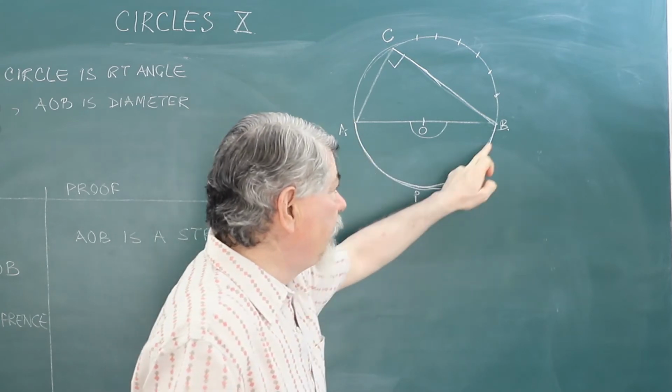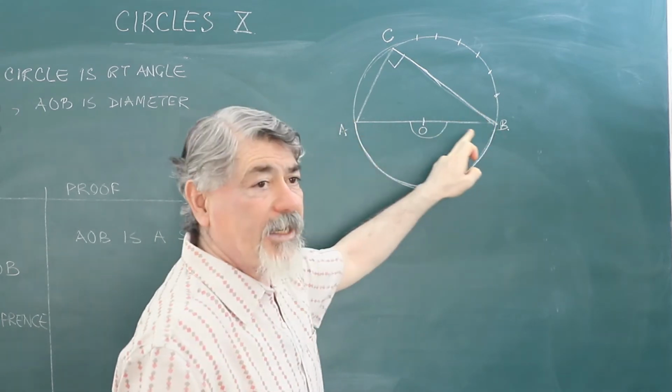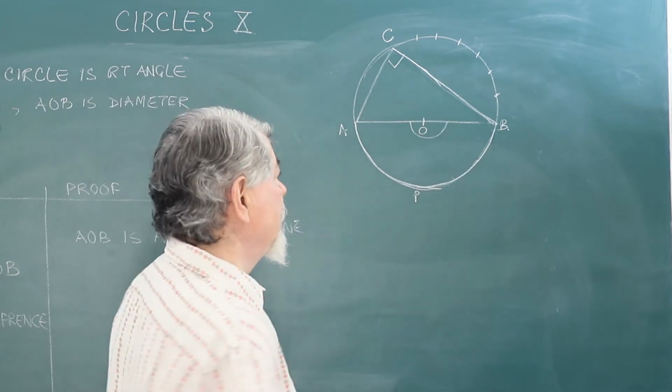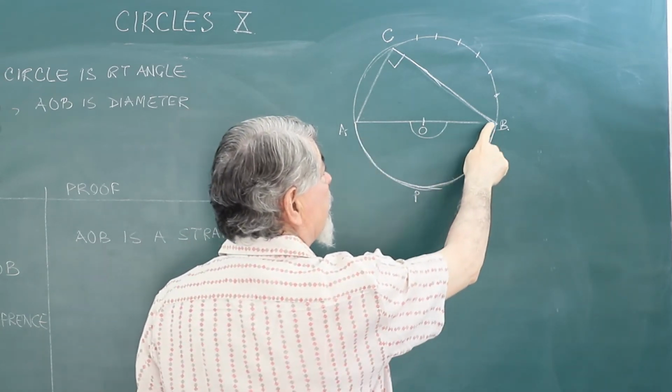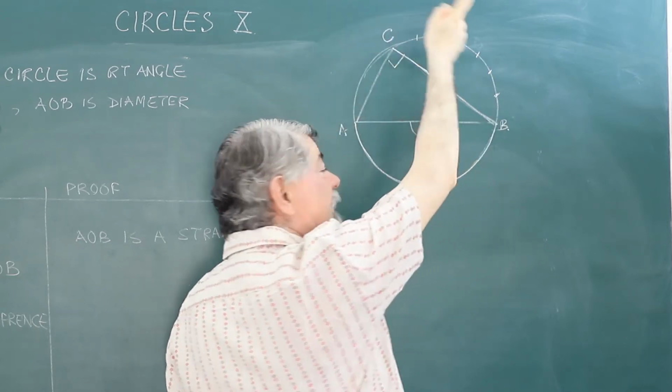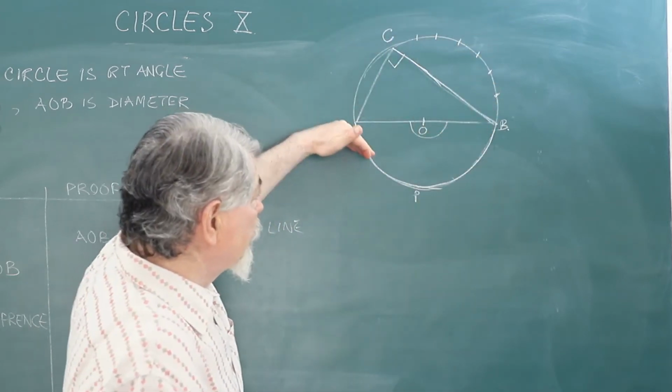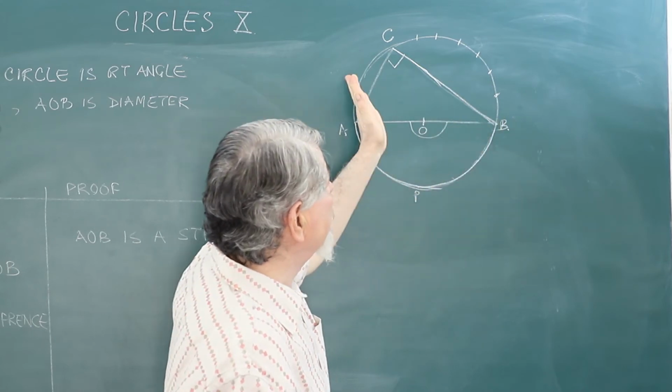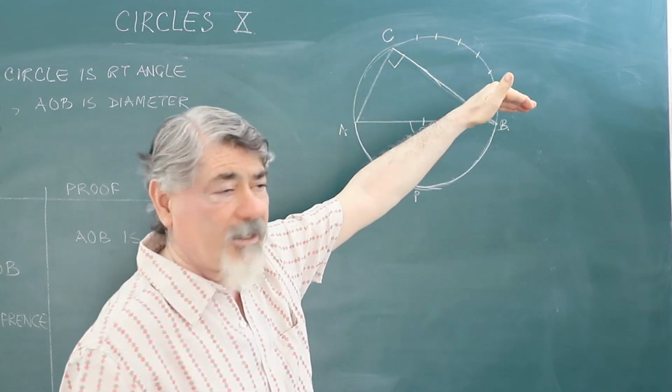The arc APB subtends angle AOB at the center, and the same arc APB subtends angle ACB at the remaining part of the circumference. That means you leave this half of the circumference, and C is on the other half.